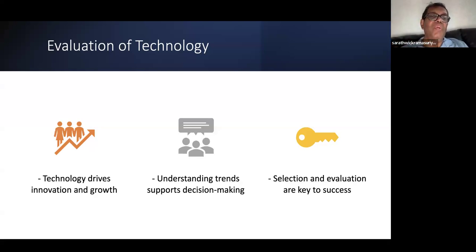We have to think about the technology drivers and how technology innovation grows, and understand these trends to support decision making, selection and evaluation. Now it is a very big exercise.